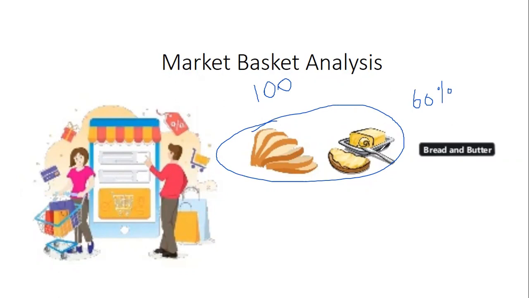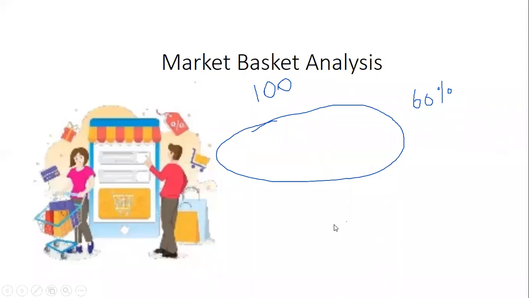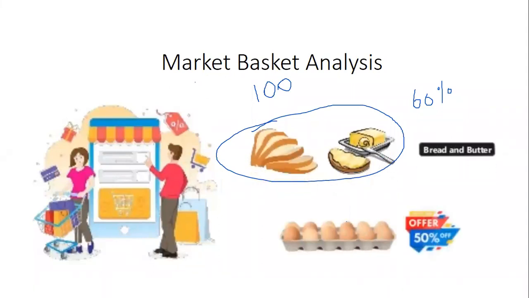So to increase the sale of other products, let us say egg. To increase the sale of the egg along with the bread and butter, if the supermarket gives a 50% offer on the egg and keeps it beside the bread and butter, the customer obviously will think to buy the egg also, because a 50% offer is given on the item.